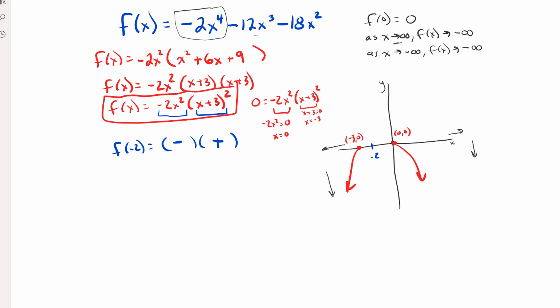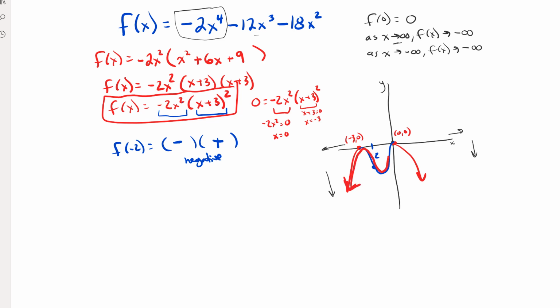So this is going to be the product of two numbers, one of them positive and one of them negative, so this is going to turn out to be a negative number. That means when x is negative 2, we're somewhere down here. We know we've got to get back to these zeros, so you're going to have something that looks like this.